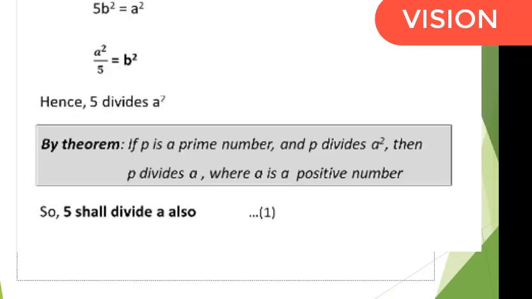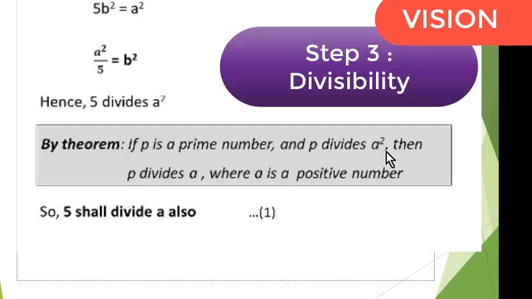Next, step 3 is divisibility. Already we stated in the beginning that if p is a prime number and p divides a square, then p divides a, where a is a positive number. We are going to divide by a number, that is 5. Already we have 5 in the equation, and we use the same 5 to divide. That is step number 3: 5 shall divide a also.